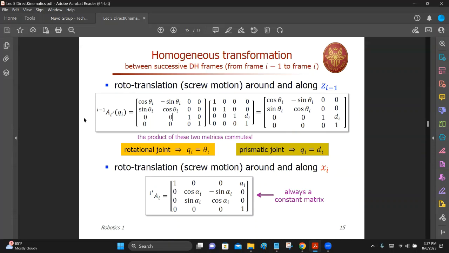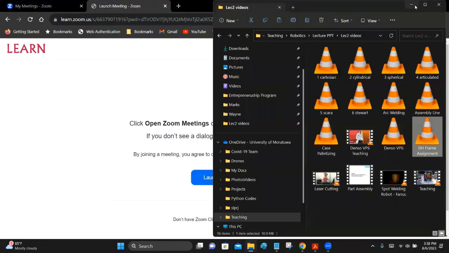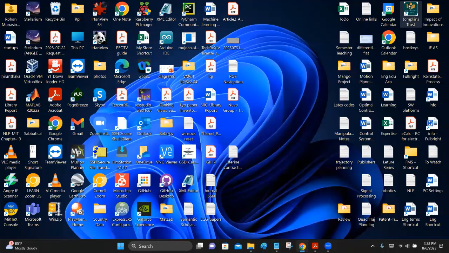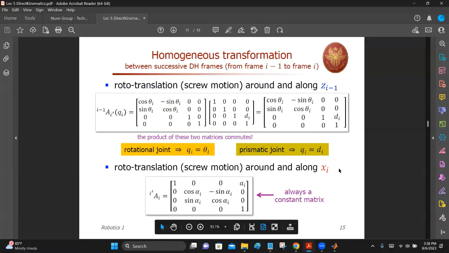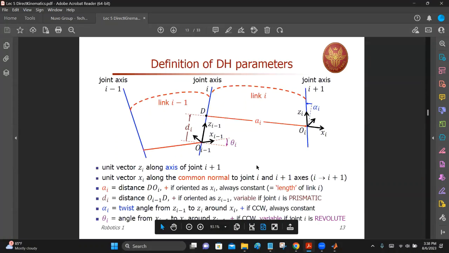You have seen this before, just a couple of weeks back. So let me open MATLAB. While MATLAB opens up, let me show this again.